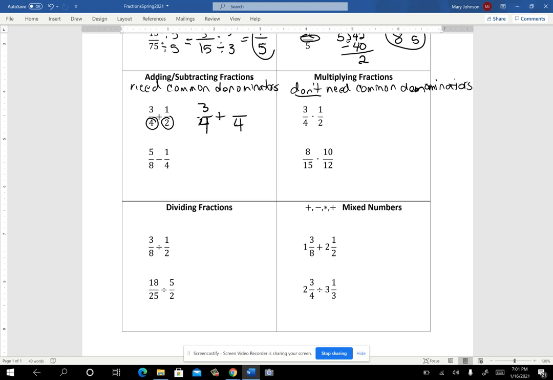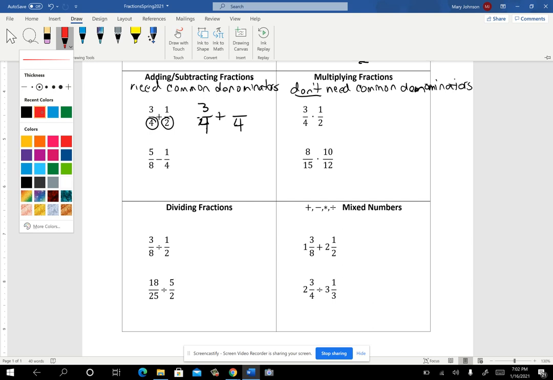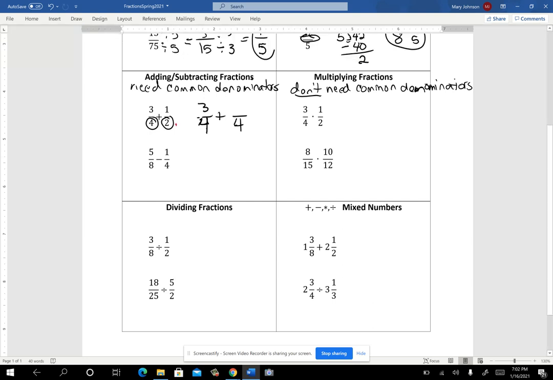Let me get my red. I would multiply here by 2 and on top by 2, and I would rewrite 1/2 as 2/4, and so 3/4 plus 2/4 would be 5/4.